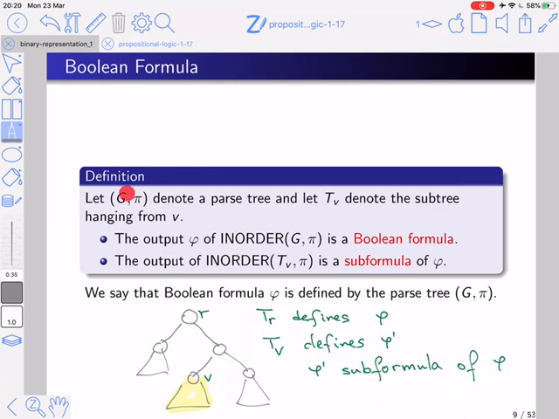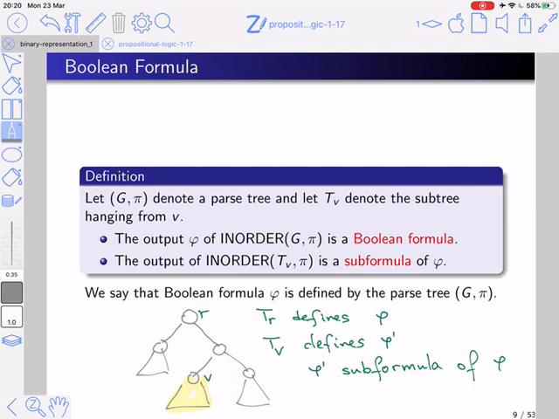So once we have a parse tree and we have a subtree that hangs from a node V, we apply in-order to the whole parse tree in order to get a Boolean formula phi, and we can apply in-order starting from the subtree hanging from V to obtain a subformula of phi.